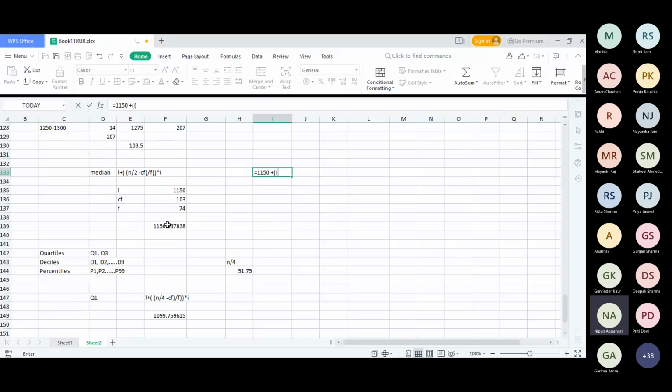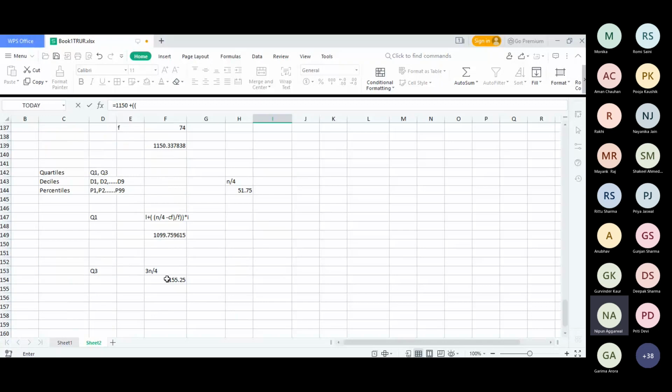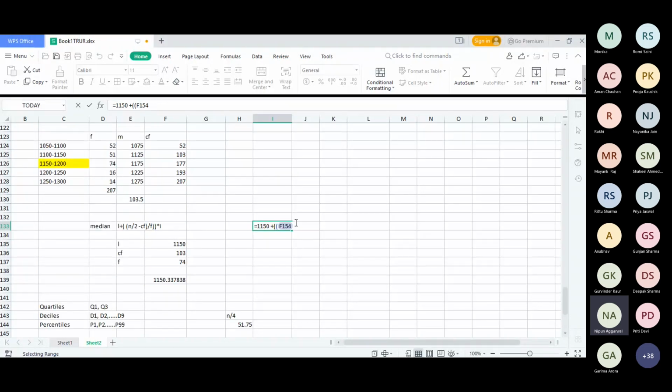So 3n by 4 value, we've already calculated, is 155.25 minus the cumulative frequency above it, which is 103, divided by the frequency of the same class, which is 74, and multiply by i, which is 50. So 1185.3, that is the value which has 75% below it and 25% above it.